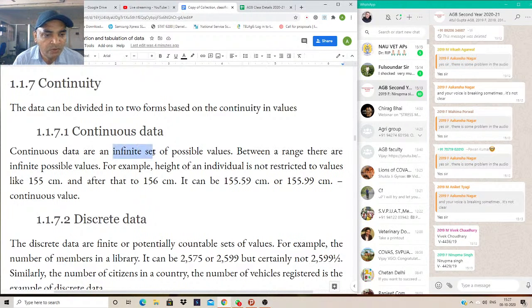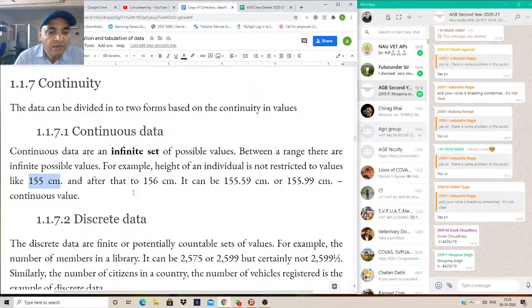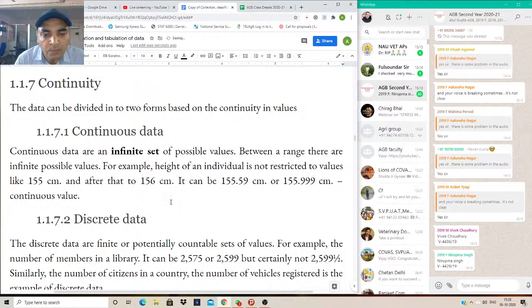This I am telling you from the beginning, that is, an infinite number of values are possible in case of continuous data. Say, for example, between a range there are infinite possible values. For example, the height of an individual is not restricted to a value like 155 centimeter. We can have 156, we can have 155.59, we can have 155.999. That is, different values are possible in case of continuous data.